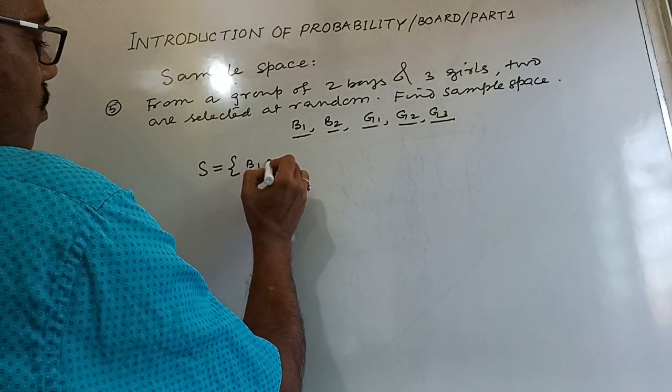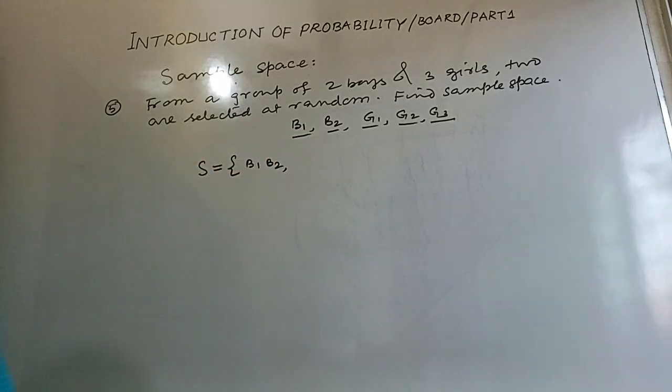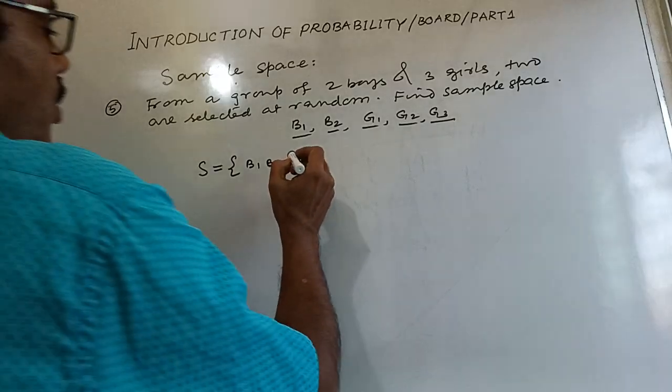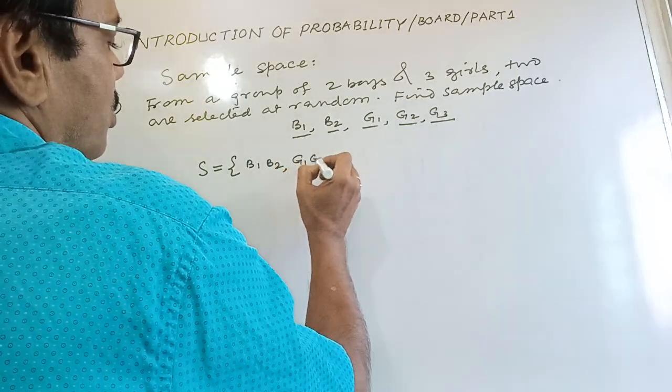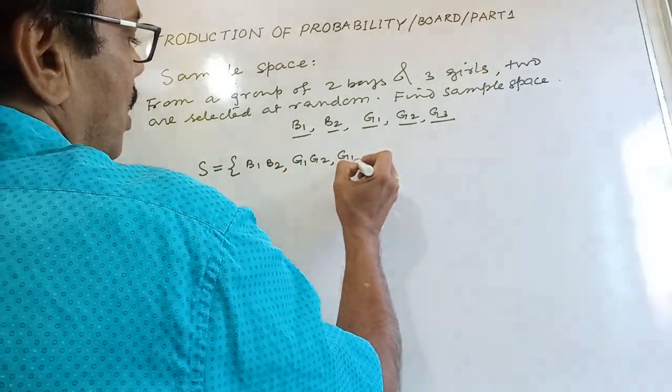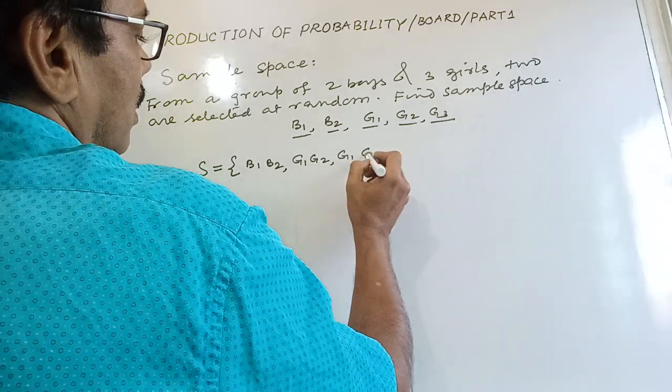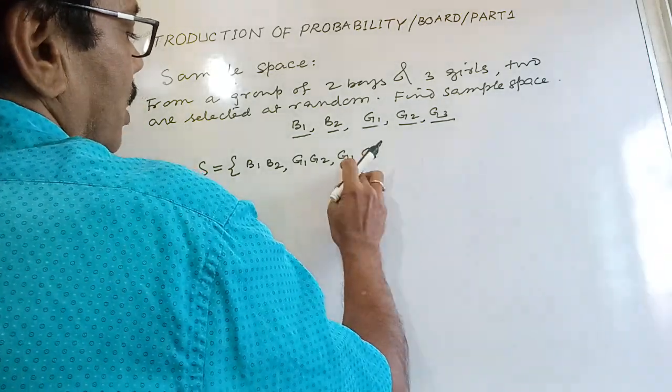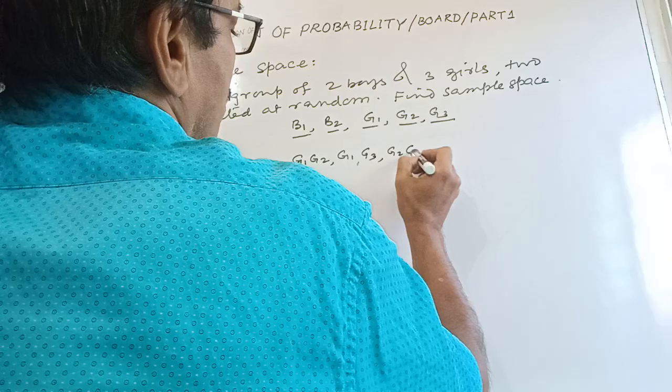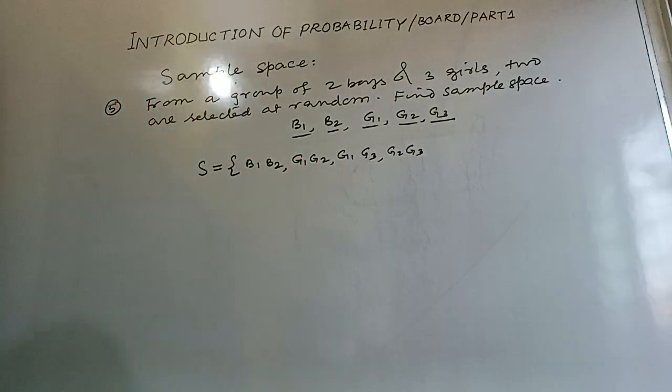So look, out of 5, 2 are to be selected. Number 1, both are boys. Number 2, both are girls: G1, G2. G1, G3. Then G2, G3. Both are girls.